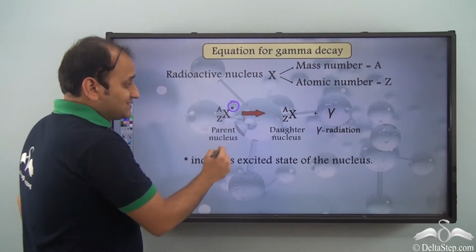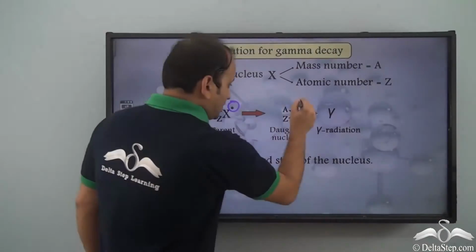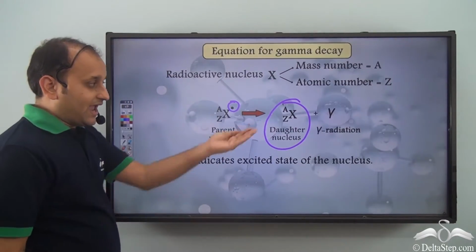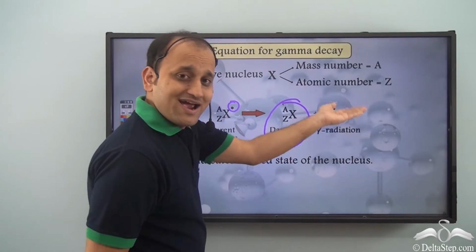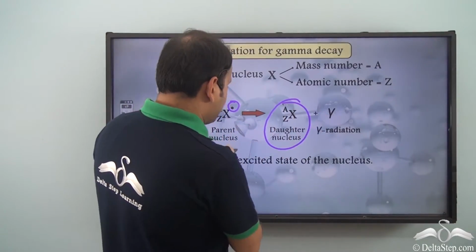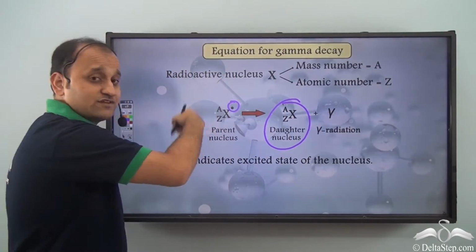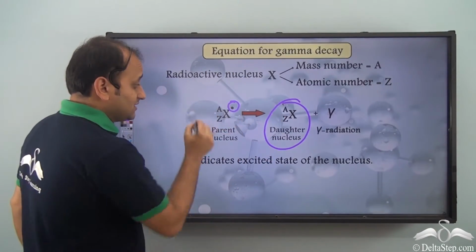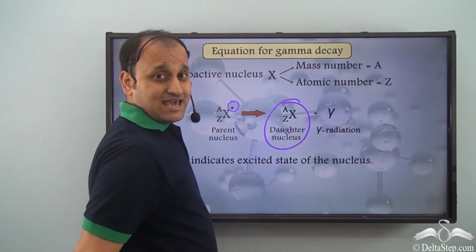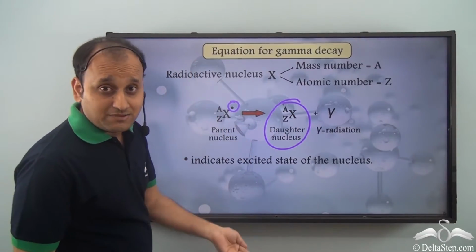So once it releases a gamma ray, the daughter nucleus is in a lower energy state, and with that we have gamma radiation. So what exactly happened? Well, the energy state of the nucleus changed, but the mass number and atomic number remained the same because there is no particle emission.